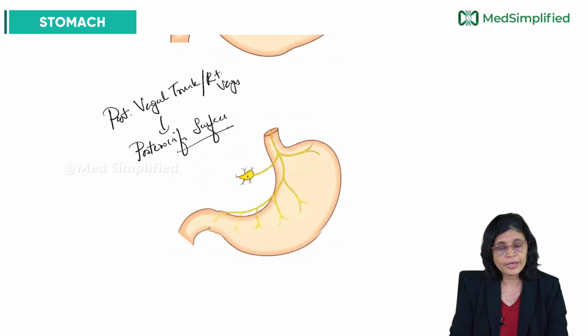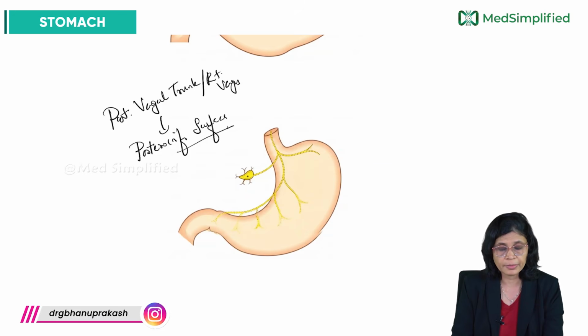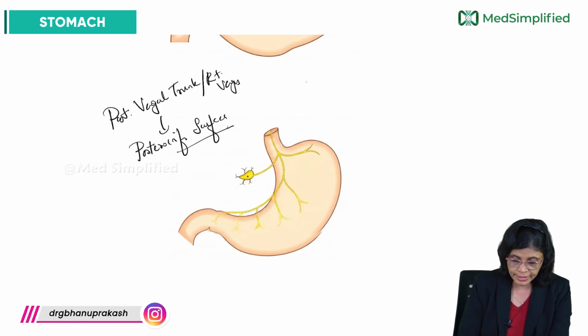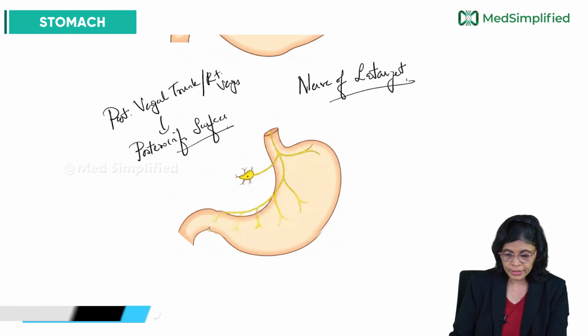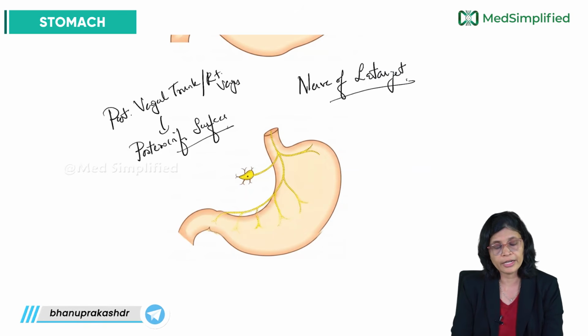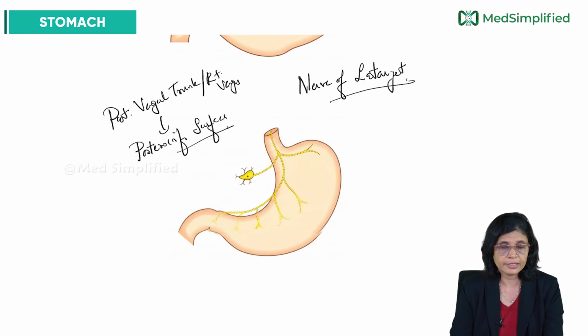The vagal trunk gives branches which supply specifically the stomach, the gastric branches, which we call the nerves of Latarjet. They run along the lesser curvature, both anterior and posterior, in close relation to the lesser curvature, and supply the stomach.